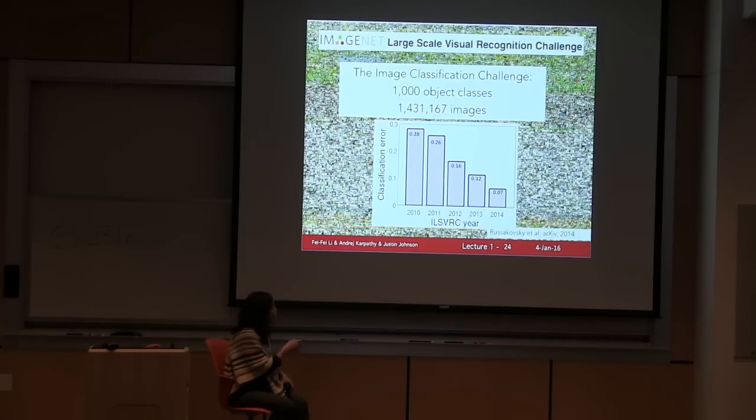Of course, every year the error decreased, but there's a particular year where the error really decreased. It was cut in half, or almost. It was 2012. 2012 is the year that the winning architecture of the ImageNet challenge was a convolutional neural network model. And we'll talk about it.